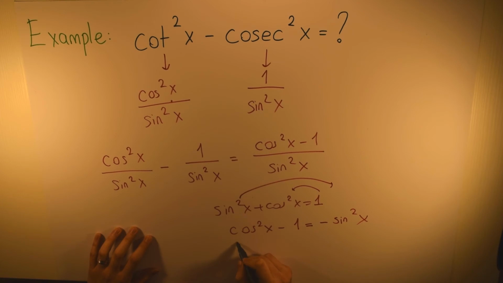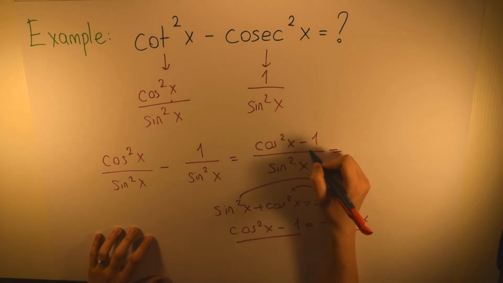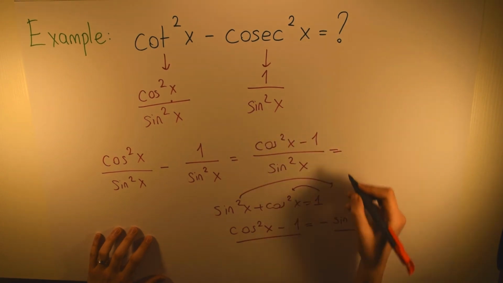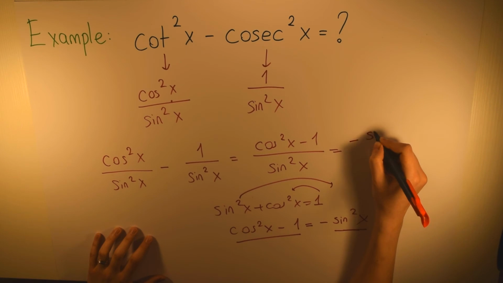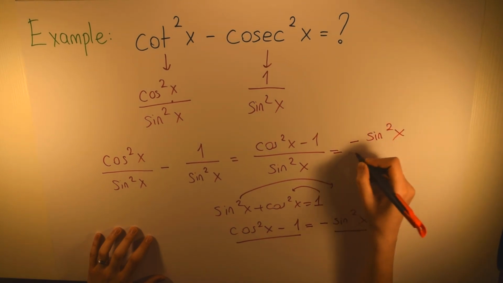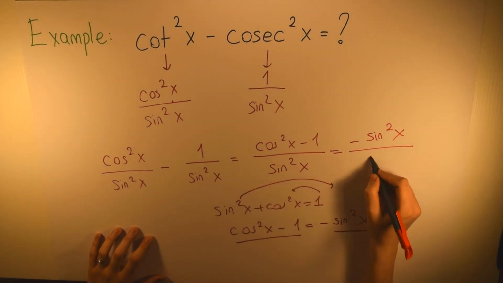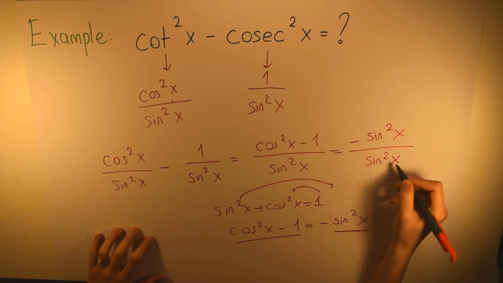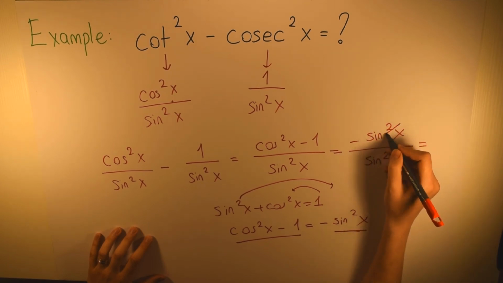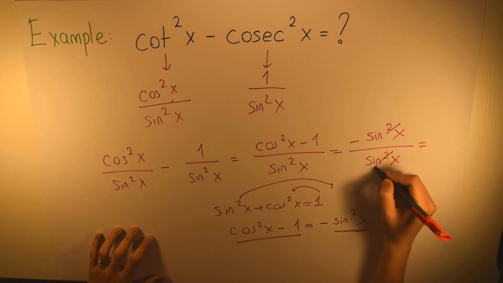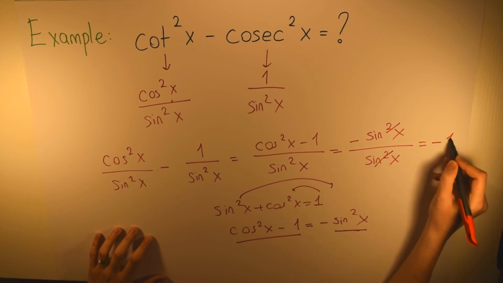So instead of cosine square x minus 1, I can write this. It's minus sine square x over sine square x, so these will cancel out each other and our answer will be minus 1.